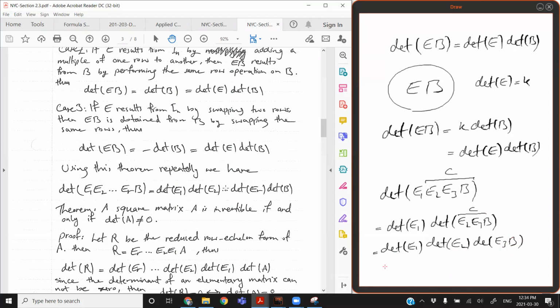And then if I apply the same theorem again, I get determinant of E1 times determinant of E2 times determinant of E3 times determinant of B. So generally, the expansion or the generalization of the theorem we just learned is what we have here. Is everything clear?